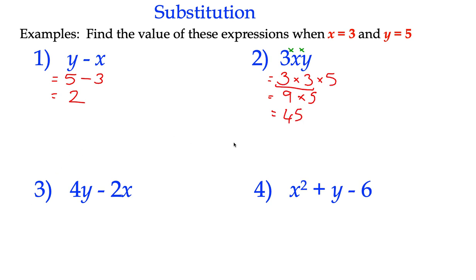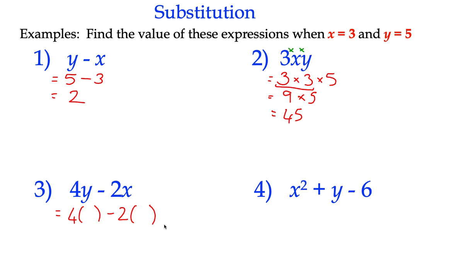Okay. Then we're dealing with slightly more complex things down here in 3 and 4. The other thing that I showed you in the last lesson is that sometimes, particularly when there are things multiplying or other things going on, it's good to actually use a bracket instead of a multiplication sign. So what I've done here is I've rewritten the expression. Instead of the letter y, I've put an empty bracket. Instead of the x, I've put an empty bracket. But notice that the 4 is just in front of the bracket here, and the 2 in front of the bracket here.